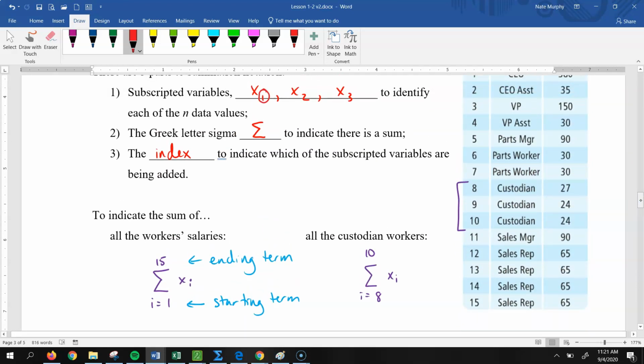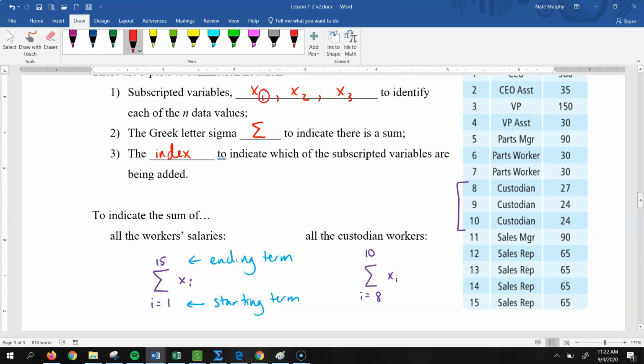So over on the right, we have that table of all the different jobs and their different salaries in terms of thousands of dollars. So the VP assistant, so the assistant to the vice president, makes $30,000. The vice president makes $150,000. So that's how we can read that table. Now, if I wanted to indicate that I wanted to find the sum of all of those different salaries, so there's 15 different employees in this company, we would just say that i equals 1 represents, so the i is your index.